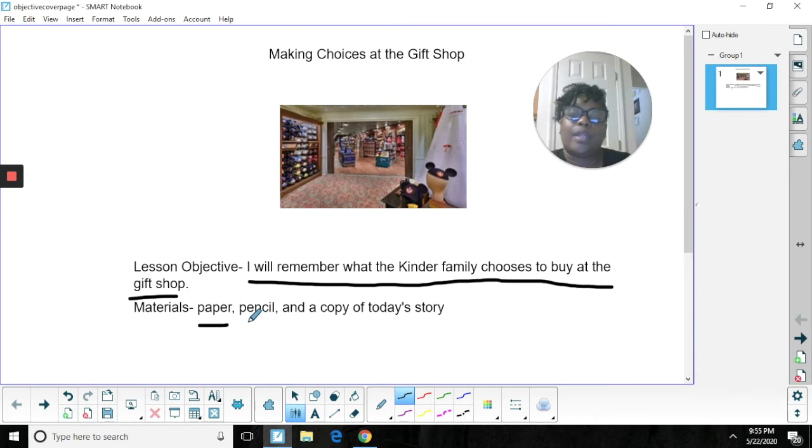Paper, pencil, and a copy of today's story. A copy of today's story is right under the video lesson. There's a link to the copy, and if I add any other additional materials, they will be there as well. So I want you to be thinking about what the Kinder family is going to buy at the gift shop as we go through our lesson today.